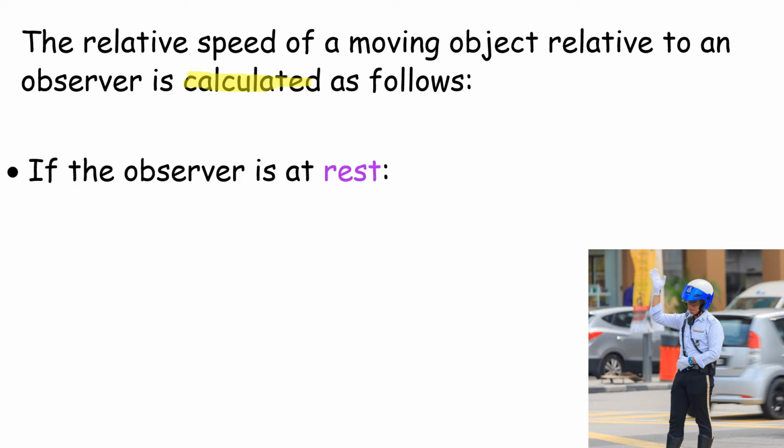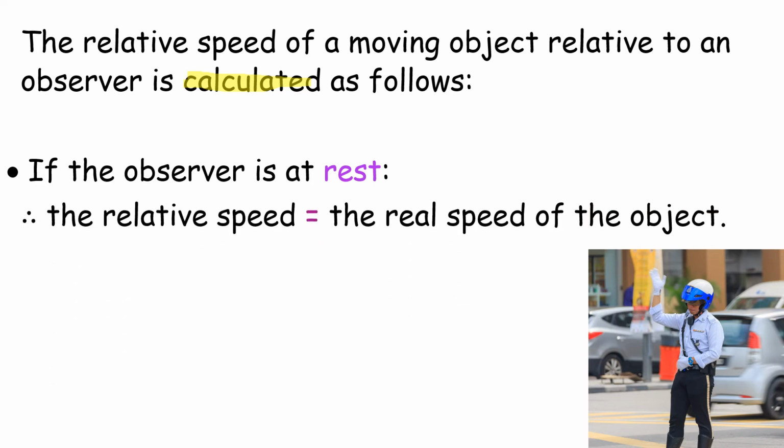If the observer is at rest, meaning v equals 0, speed equals 0, so the relative speed equals the real speed of the object. In this case it is as if you do real speed minus 0, so the two are equal. Relative speed equals real speed. So the observer here measures the real speed of the object because he is stationary.